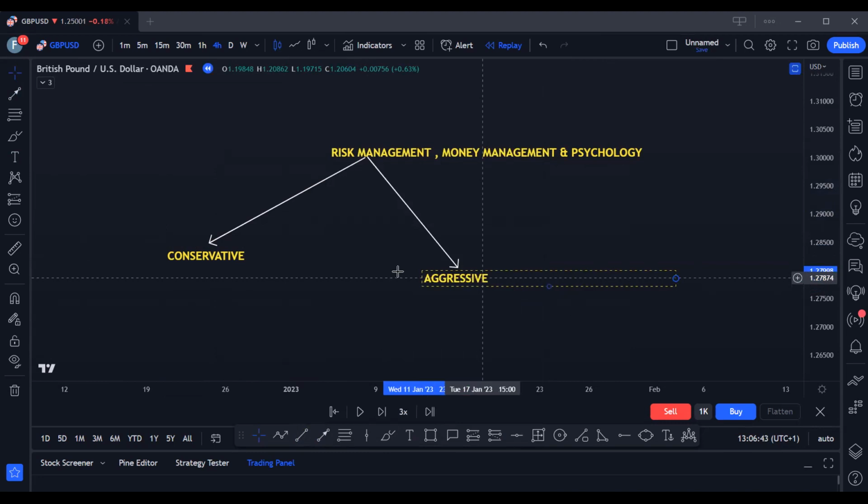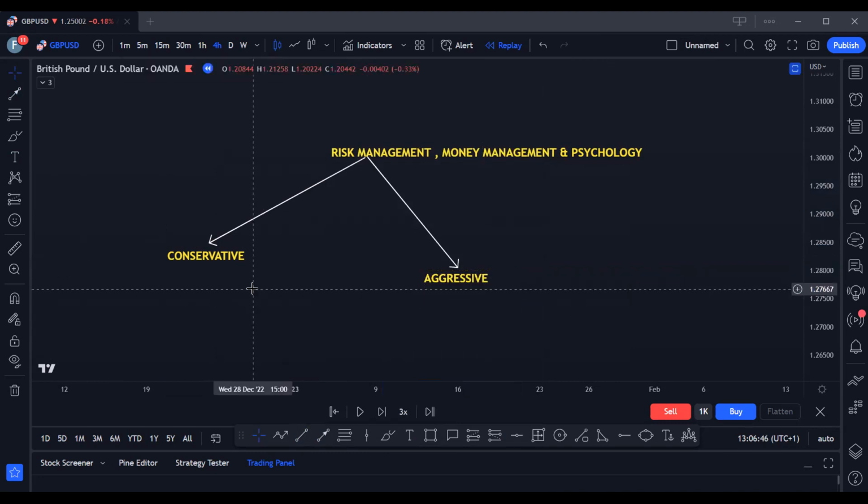If you're a conservative trader in terms of profit, if you're making profits and you're being conservative, your profits will be steady, but small profits. But if you are being aggressive in terms of profit, your profit will be very, very massive.